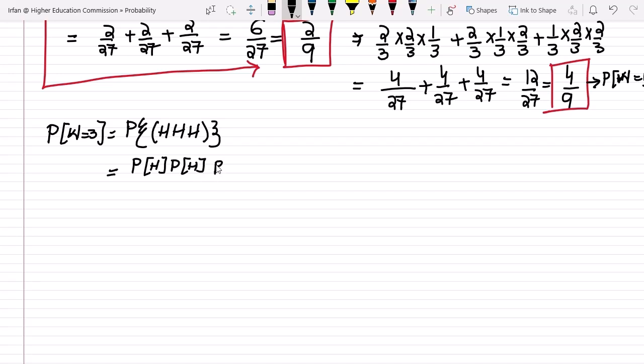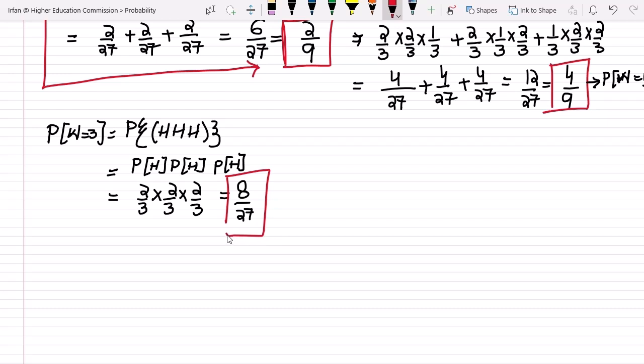So it would be 2 by 3 multiplied by 2 by 3 multiplied by 2 by 3, which gives 8 divided by 27.